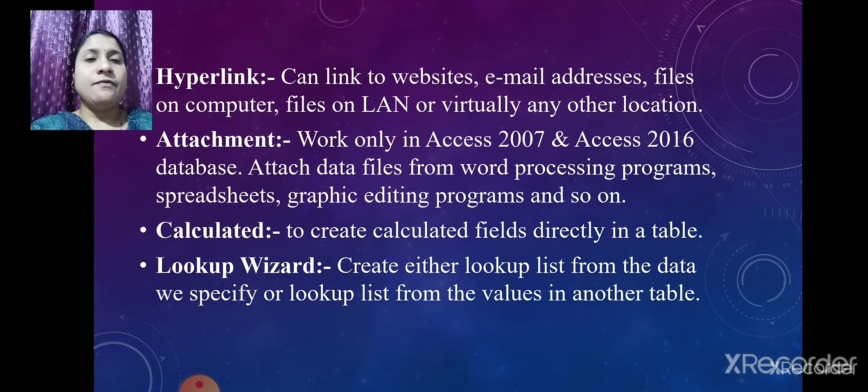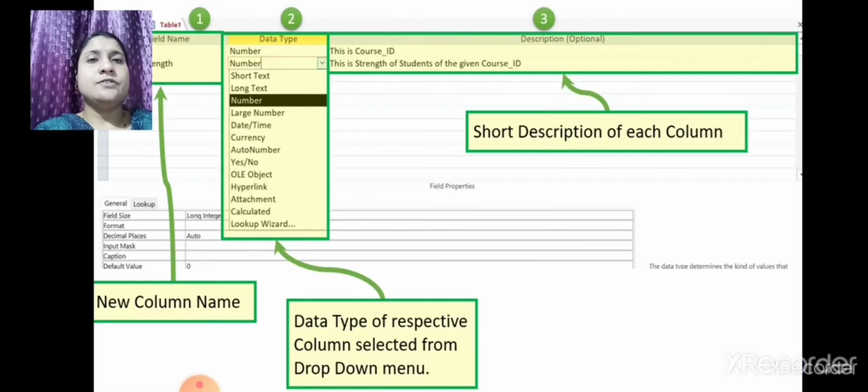Then the next is lookup wizard. It creates either a lookup list from the data we specify or a lookup list from the values in another table we want to see. It's called lookup wizard. So all these are the data types. Here you can see in the data types: number, short text, long text, large number, date time, currency, which we already saw, auto number, yes or no, OLE object.